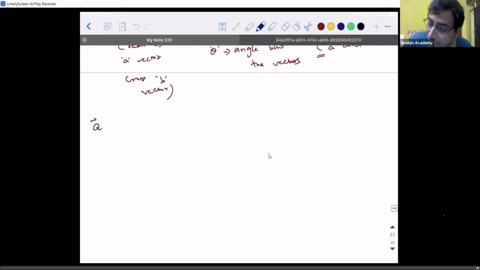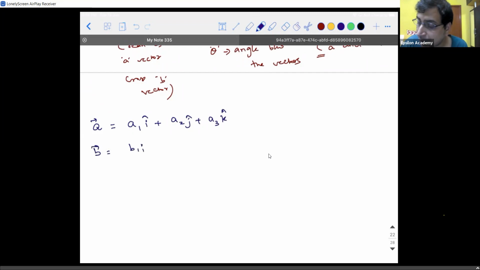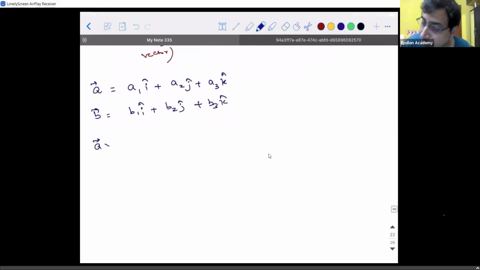So having all these points in mind, if I take A vector equal to A1 i cap plus A2 j cap plus A3 k cap, and B vector equal to B1 i cap plus B2 j cap plus B3 k cap, can someone tell me what A vector cross B vector will be?